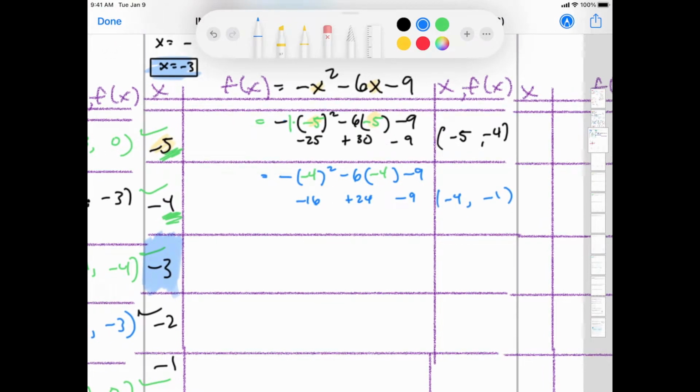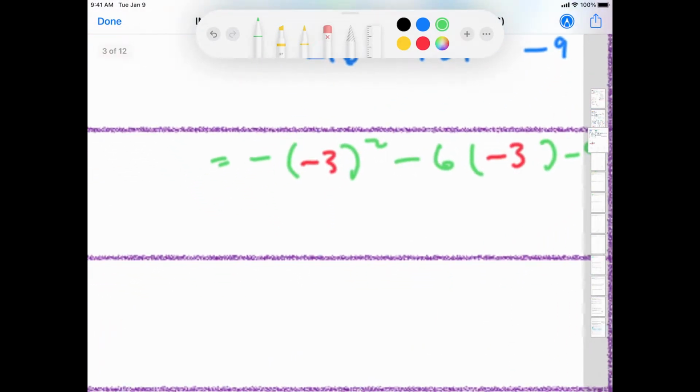Okay, let's try the next one. So every parentheses now represents the x value. And the x value that I have for this problem is negative 3. Negative 3 squared is positive 9.